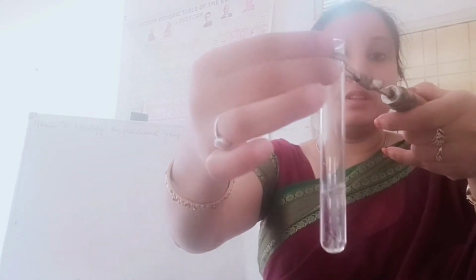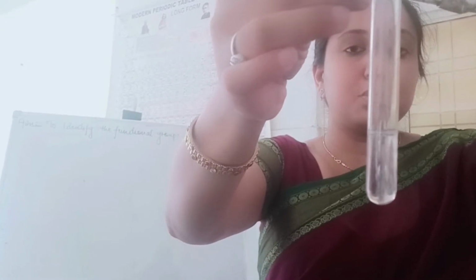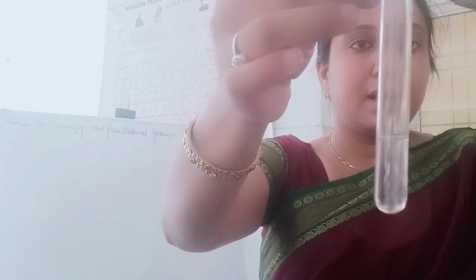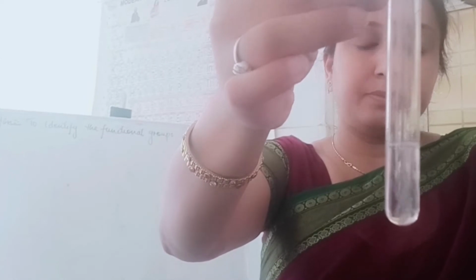If you look, there are bubbles coming. This shows the presence of the alcoholic group in the given sample. So we finish with the sodium metal test.